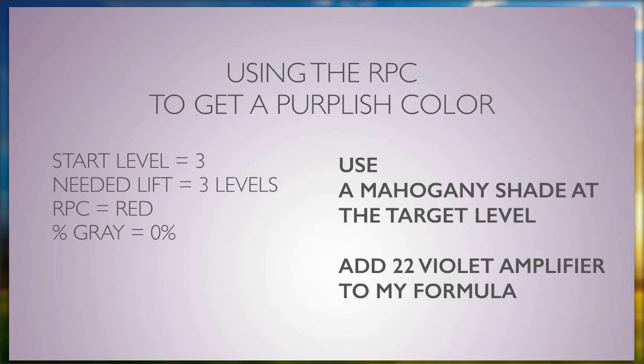So I've got already a pop of color in there that I can use. I'm going to use a mahogany shade because a mahogany shade is going to have red and blue in there already. So it's going to give me something more on the purple side, and I'm going to be able to add the 22 violet amplifier to that to make it even more purple.